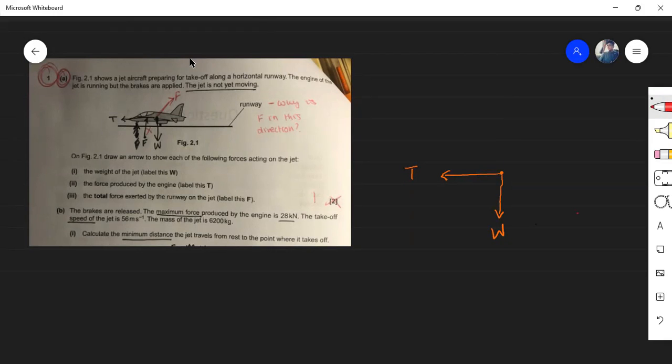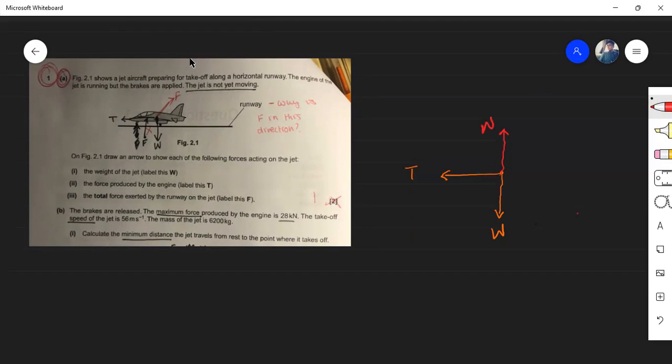Now let's start marking forces that are working opposite to these forces as reactions from the runway. Okay. So for the weight, there will be an opposite force reacting opposite in direction from the weight, the normal reaction force. Is that correct? Yeah.